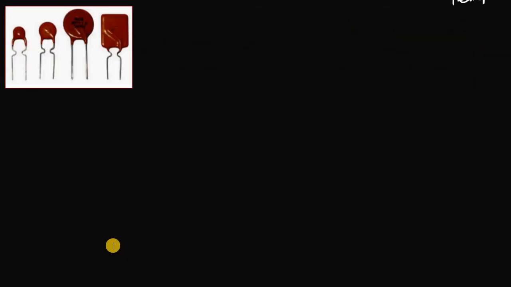You can see here I have shown you some thermistors which are also called disc or bead shaped, which we will go into later on. It depends on the shape of the devices. One is a disc one, another is a cylindrical one. This is the cylindrical one.